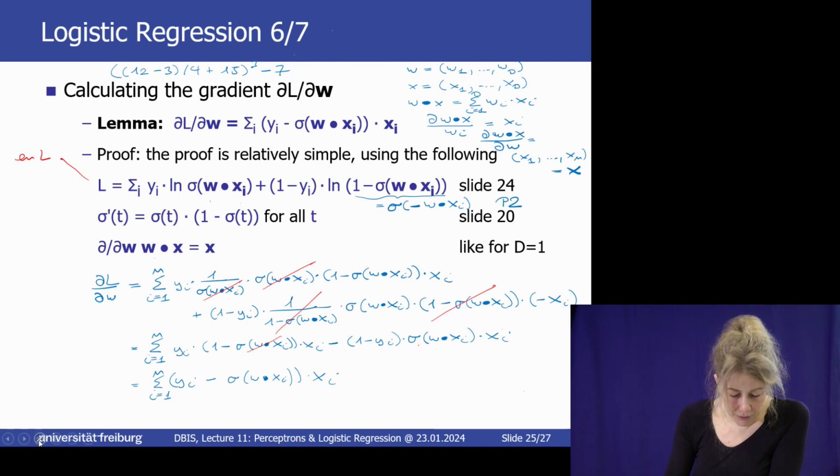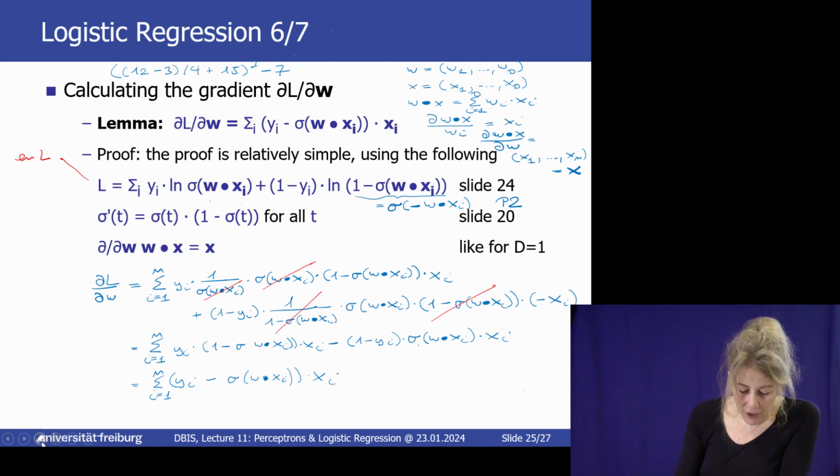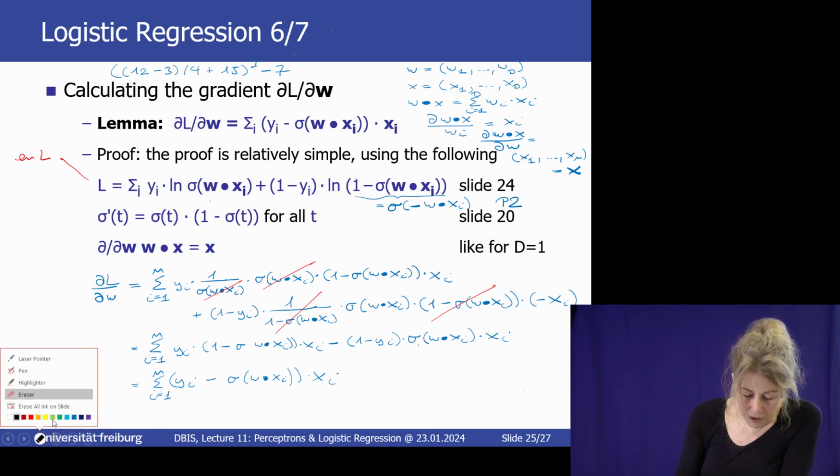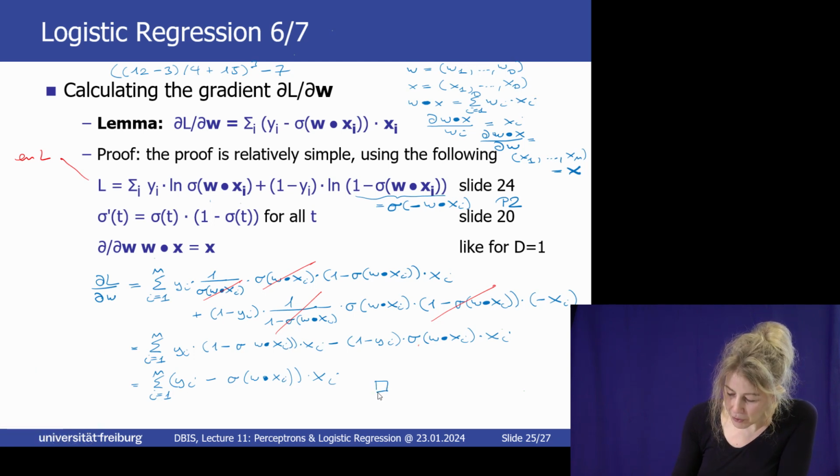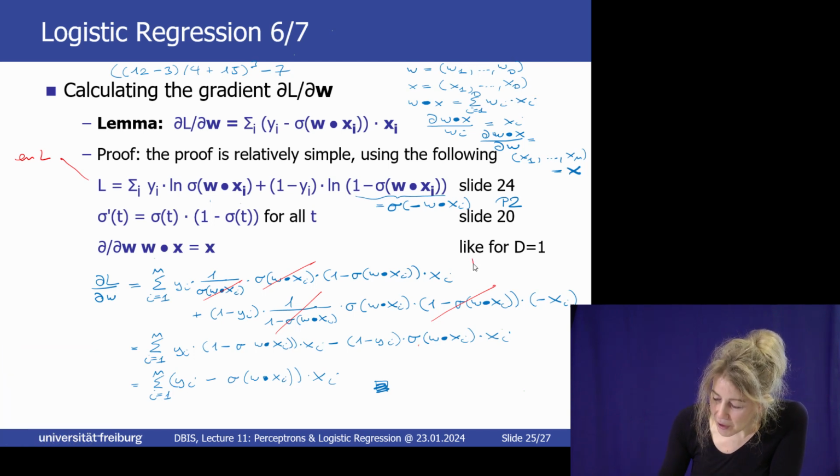I can't really write it that way, I would need an intermediate step. But anyway, I think, so a little shaky here, but that's fine. Anyway, you have to do it yourself too. So, yeah, please do it yourself and pay attention to the minuses.